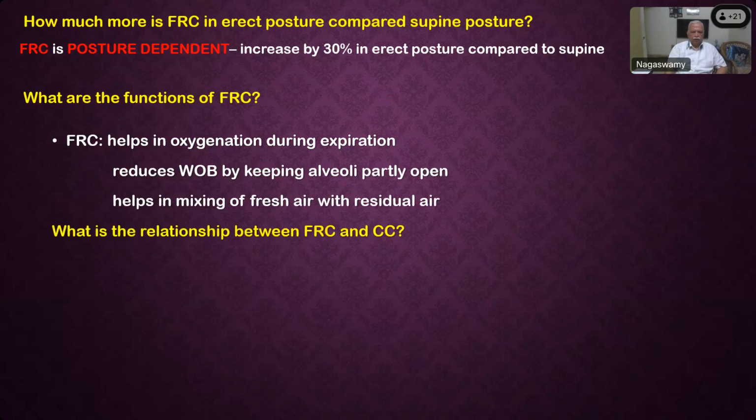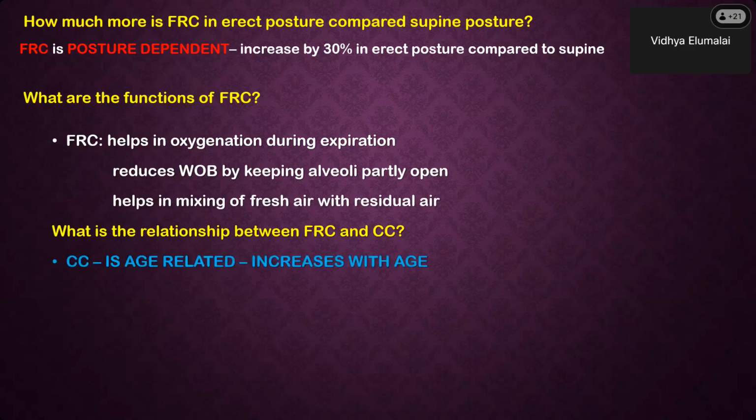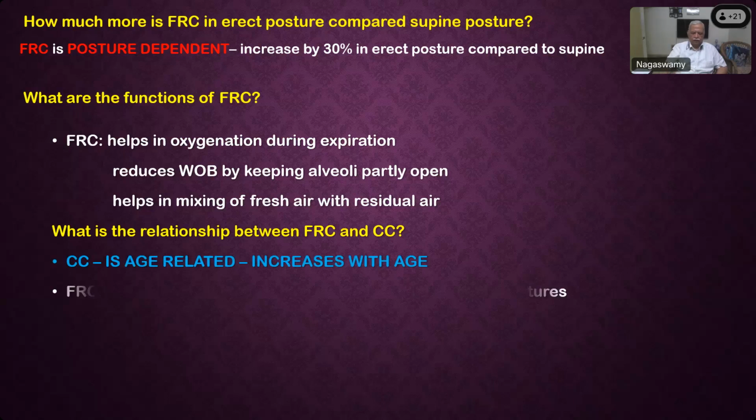So what is the relationship between FRC and CC? What is CC? Closing capacity. So what is the relationship between the two? Normally, the closing capacity is smaller than the FRC, where the airways tend to close. CC is also age related, it increases with age.